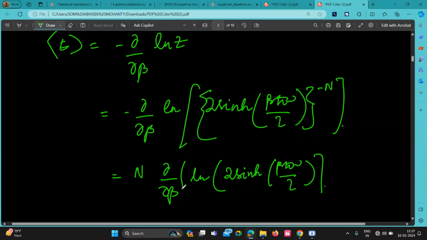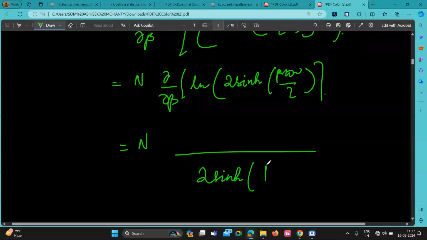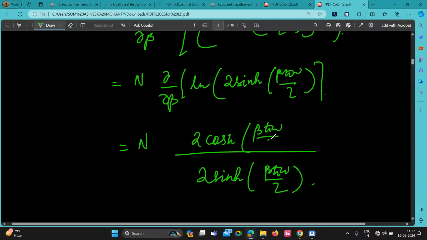Is that all right? Now I can take the derivative of this. This will be 1 over 2 sinh(beta h squared omega by 2), and the derivative of the inside part, that is 2 cosh(beta) into h squared omega by 2.